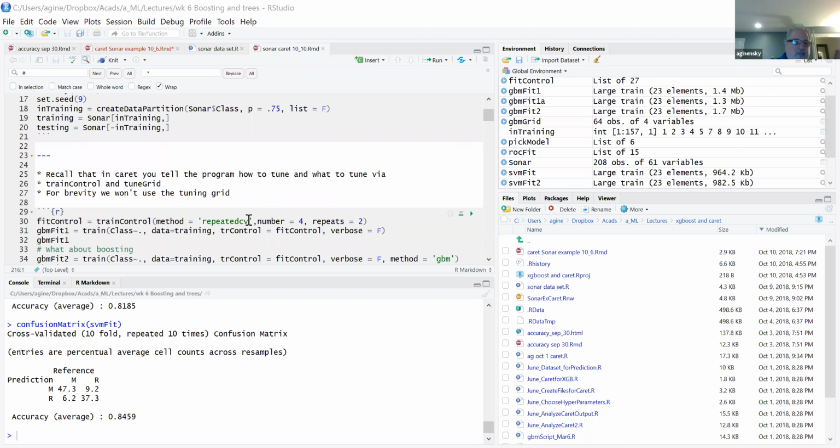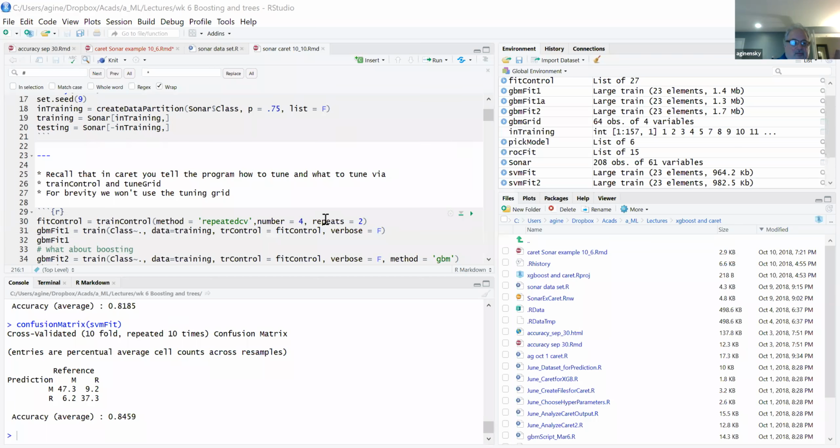It says I'm going to use repeated cross-validation: fourfold cross-validation, done twice. In the real world you would want more repeats and a higher number of folds, like 10-fold or 12-fold, which is pretty standard. I chose small numbers because they compute more quickly, and I wanted to make sure I could compile this.